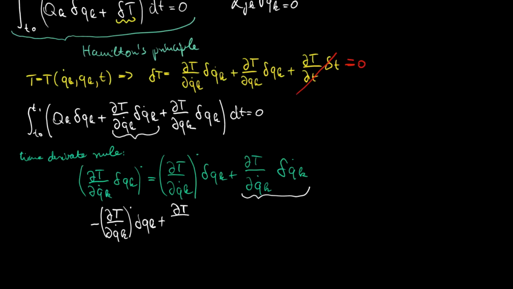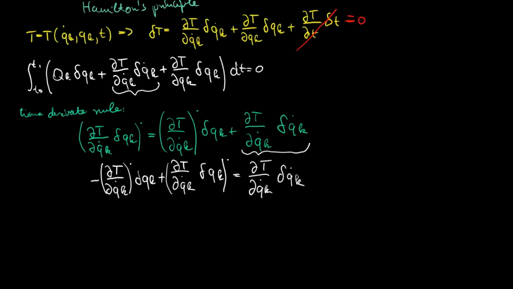The derivative of partial T over partial qk dot with respect to time, yes, equals partial T over partial qk dot, delta qk dot. And we have to substitute this expression into the Hamilton principle, so we can get this form.